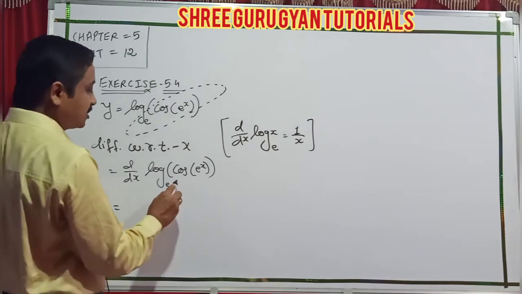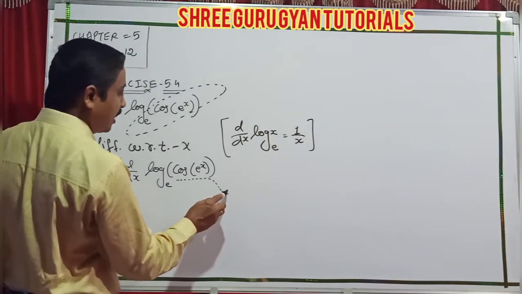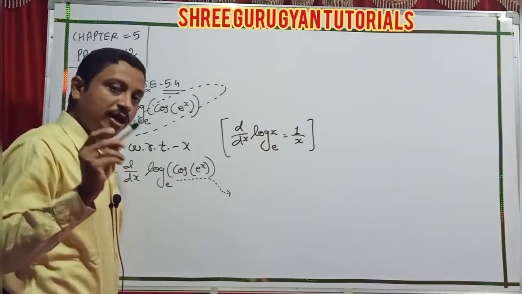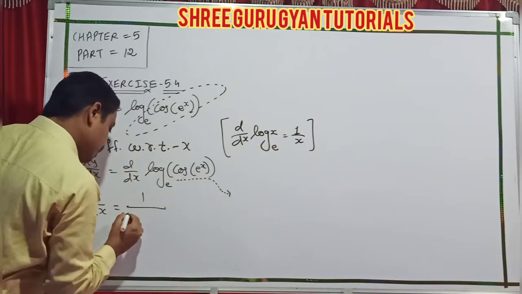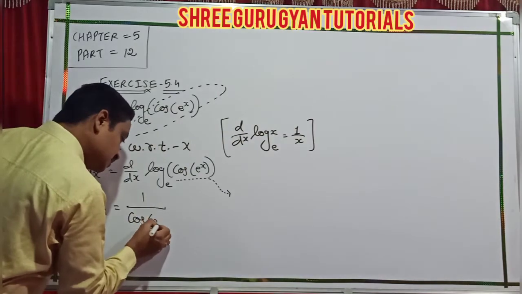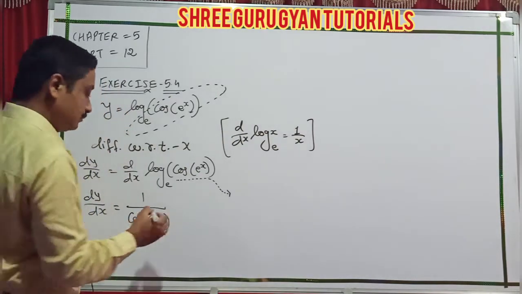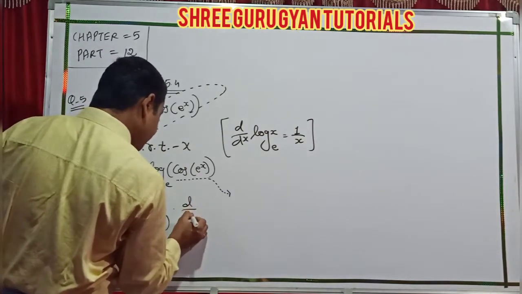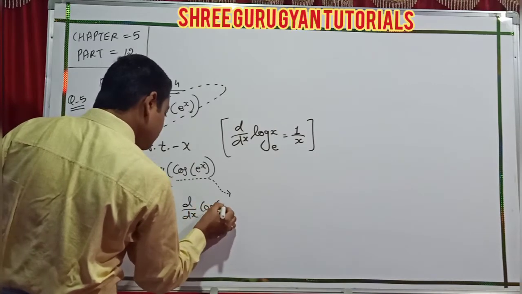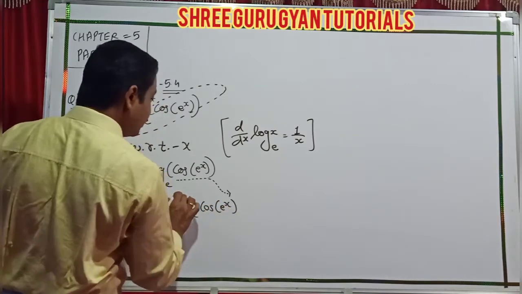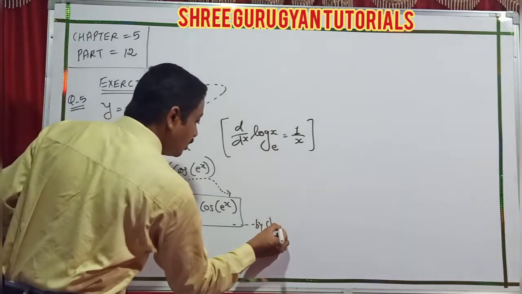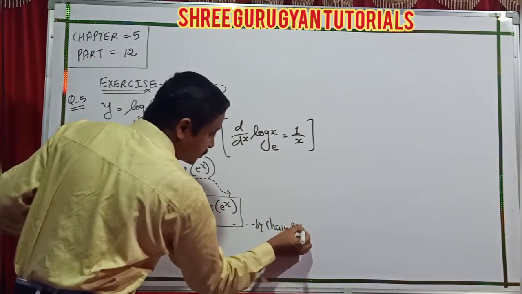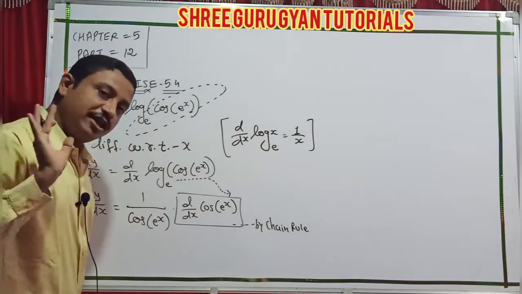Again I am telling you, consider this as your x. So the log derivative is 1 by x, so here 1 by cos e raised to x. And which derivative is pending? Cos e raised to x derivative is pending, by chain rule. Students, here we apply our chain rule.